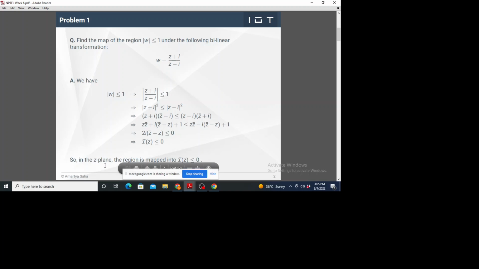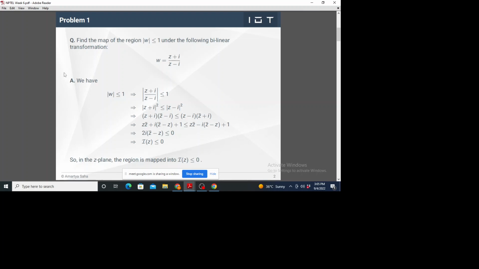In the Z plane, the given region is mapped into the region with imaginary Z less than or equal to 0. That is the answer. This region includes the entire lower half of the Z plane and also the real axis.